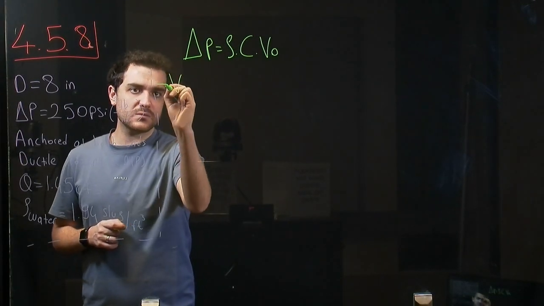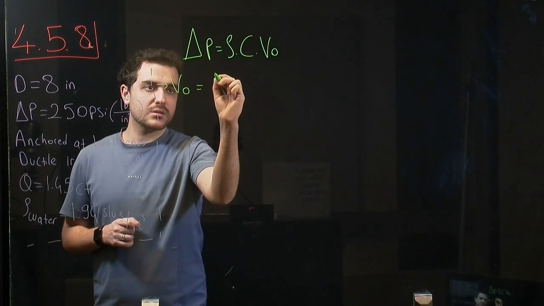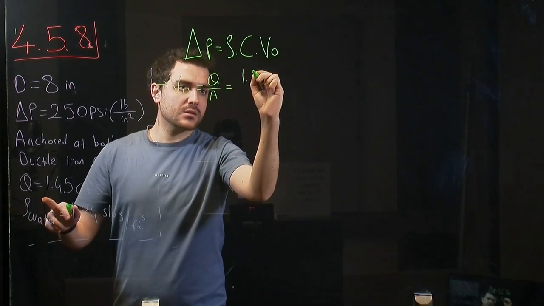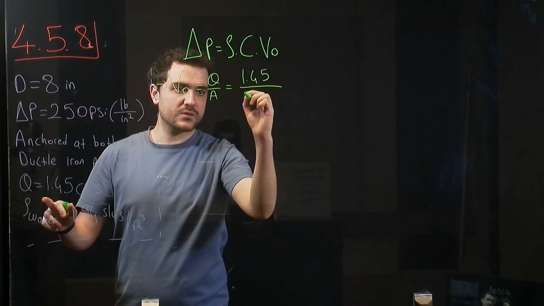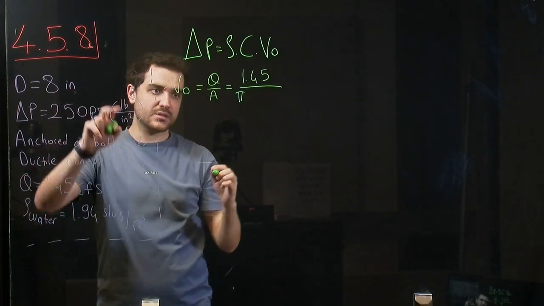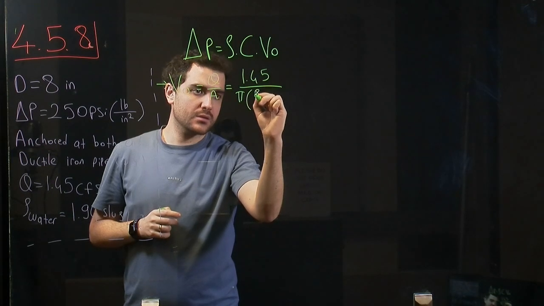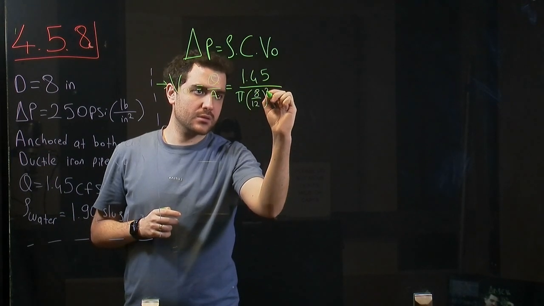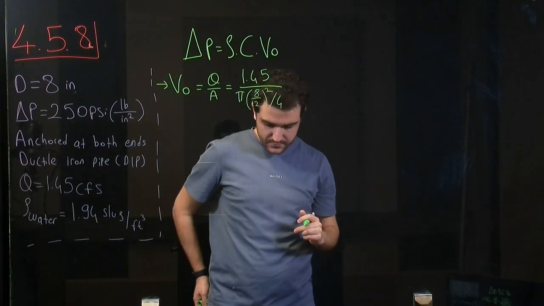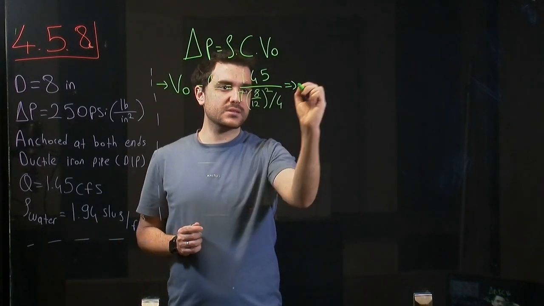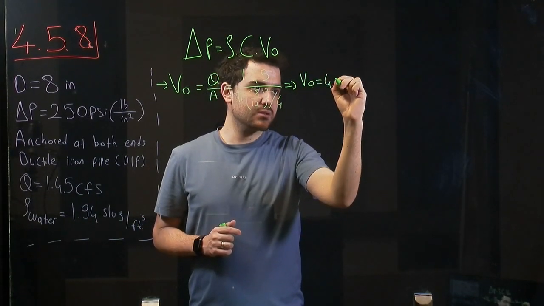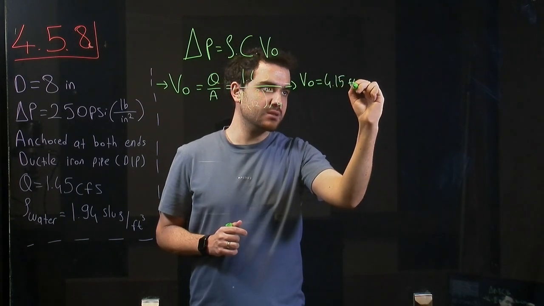And initial velocity is Q over A, which is 1.45 over pi D squared over 4. Here we need to convert the diameter to feet, and it gives initial velocity as 4.15 feet per second.